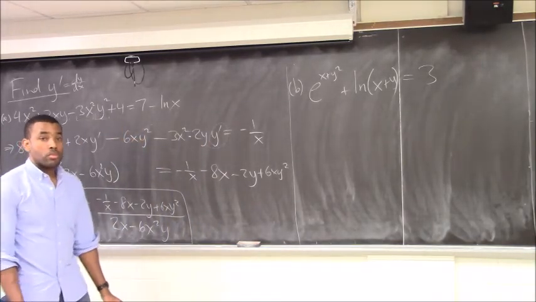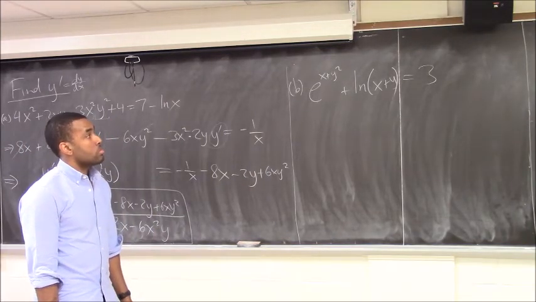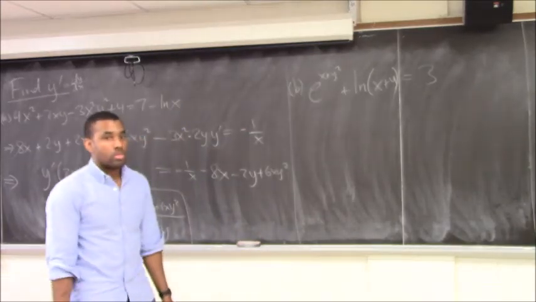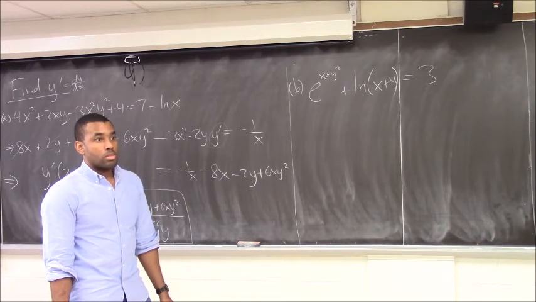Would that be considered ln of u? What about this one? For ln of x plus y, is that the same as ln u? Like, do we use that rule? Yes.